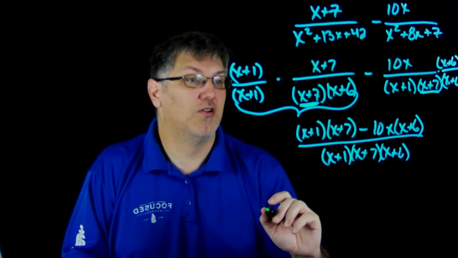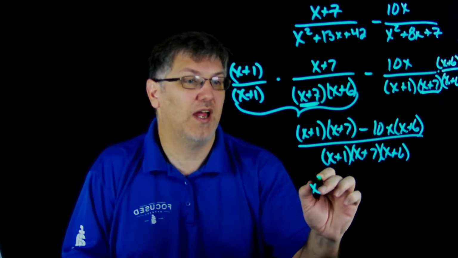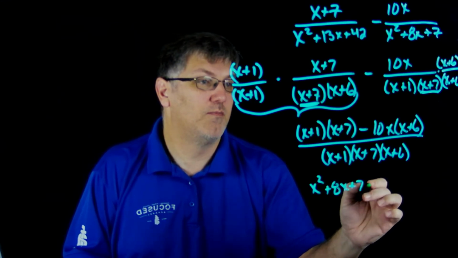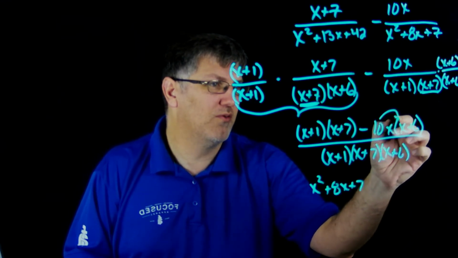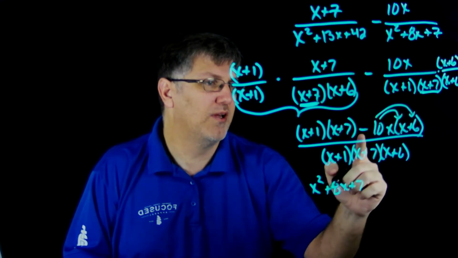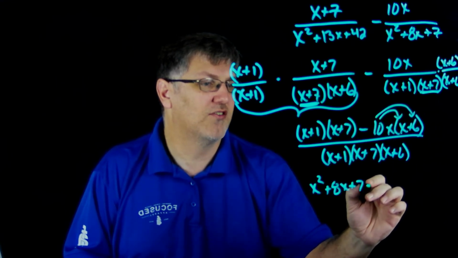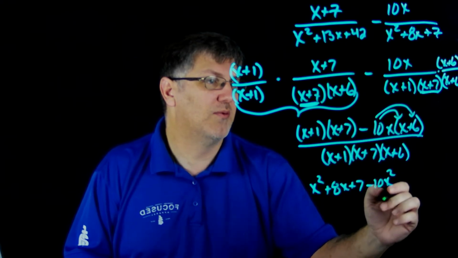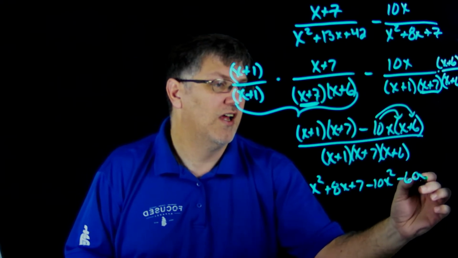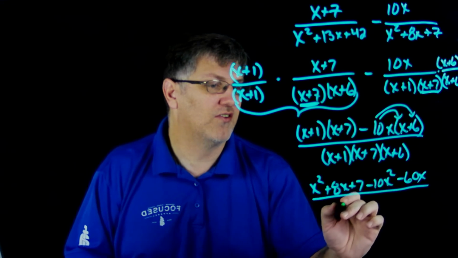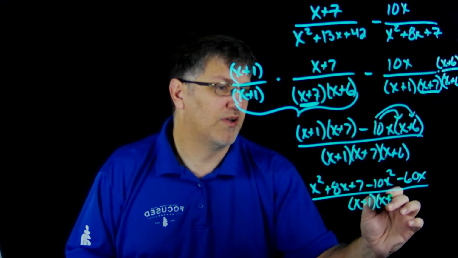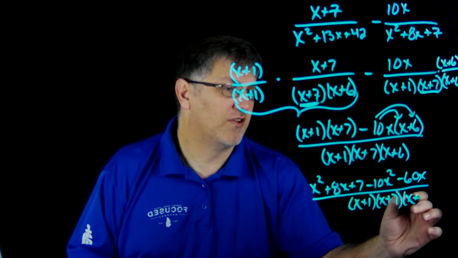x plus 1 times x plus 7 is going to give me x squared plus 8x plus 7. I want to distribute, play hippity-hoppity, distributive property. Negative 10x times x is negative 10x squared, and negative 10x times 6 is negative 60x. My denominator stays the same: x plus 1, x plus 7, x plus 6.